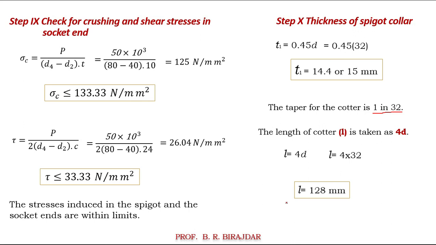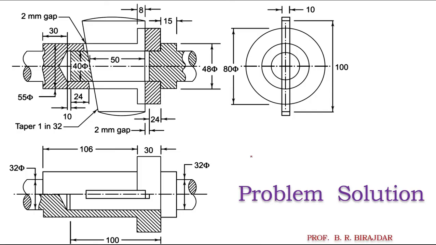We calculated all, and again we verified by considering these dimensions that the stresses induced are within limit, means it can work safely. After finalizing all these dimensions, we have to redraw the front view, top view and the side view of the cotter joint which we designed. So this is our ultimate aim: we have to finalize all the dimensions and redraw this. Okay, thank you.